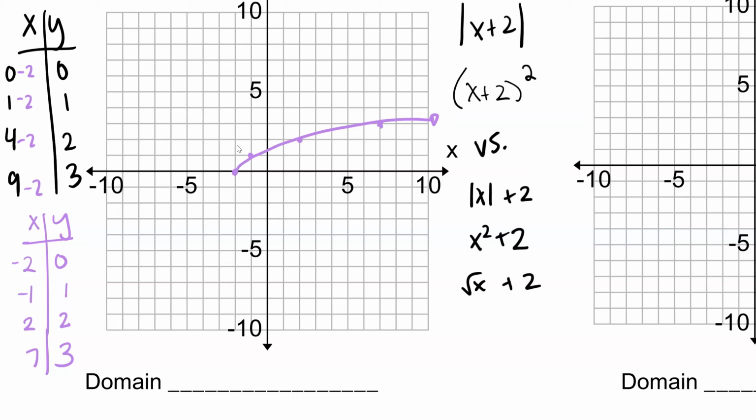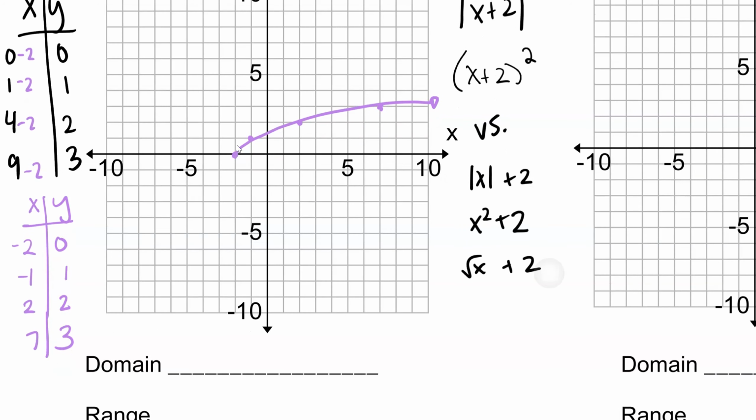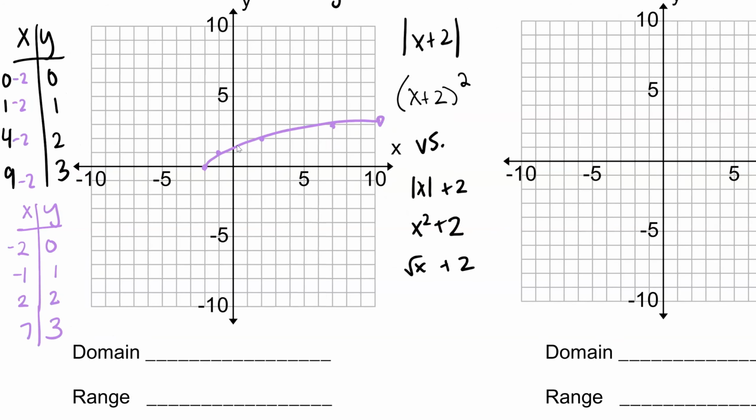I want you to compare this graph to the one we did up above. Literally, all we did was take the whole graph and scoot it to the left. That's it. I'm trying to show you the table: you start with those values and then we can shift them around.